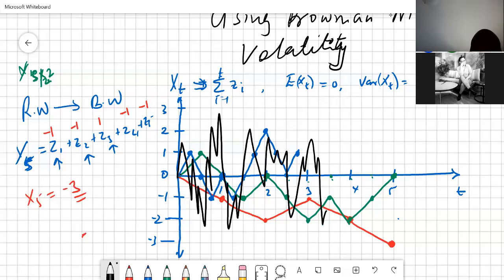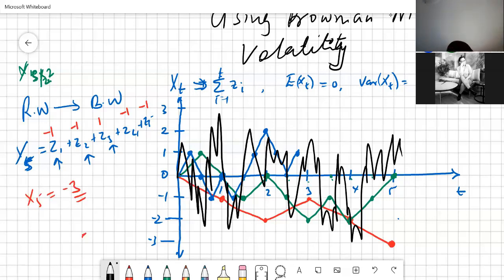Now the black one, the more you reduce this, again, you get more jagginess compared to when the time span is much larger. And therefore, this black one is almost close to Brownian motion.